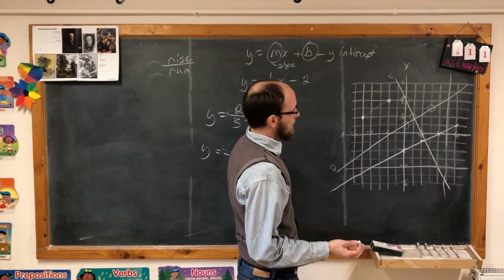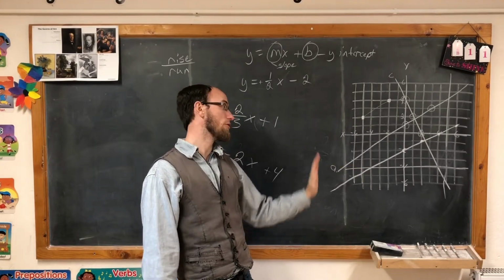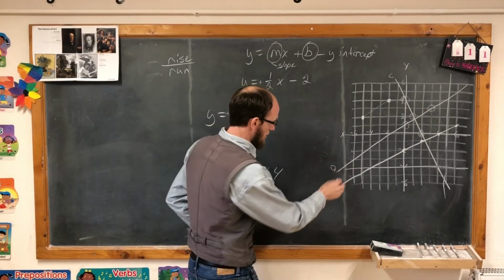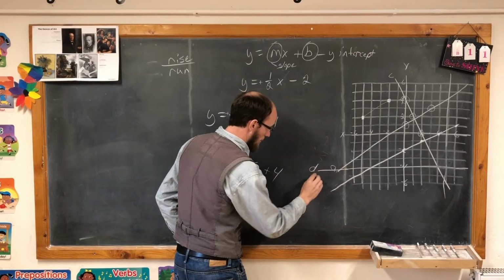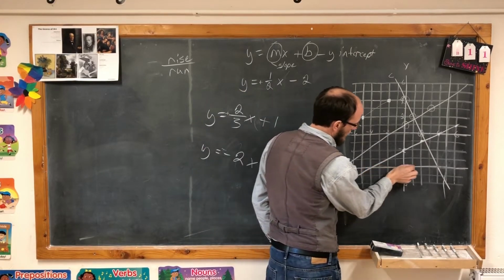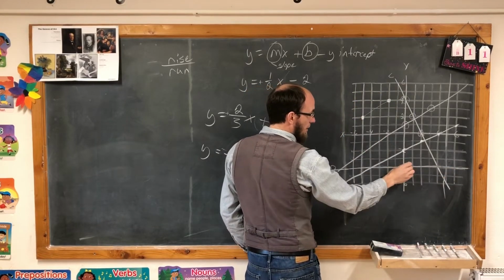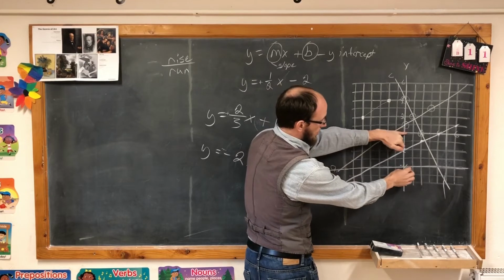Finally, we need to talk about what about a horizontal line or a vertical line. So a horizontal line, this line is labeled line D. This line is cruising along right here. If you notice, this line is on negative 4 on the y, and when x is 0, we're negative 4.